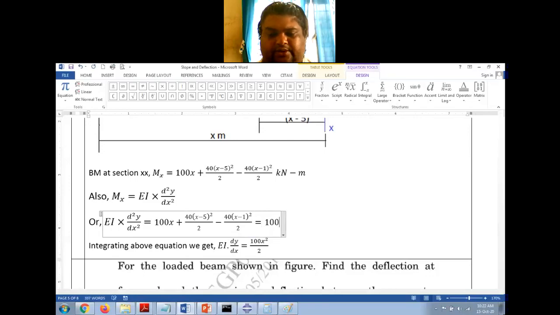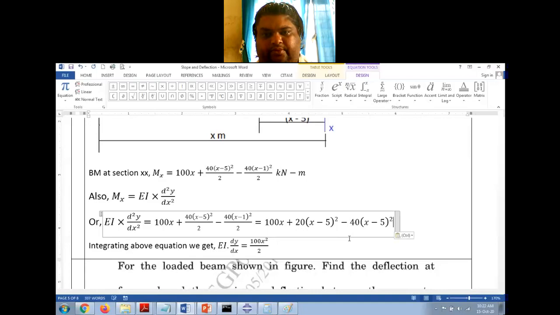This is equal to 100x plus 40 by 2 is 20, x minus 5 whole square, minus 40, maybe 20 x minus 1 whole square. Correct? So this is what I have.